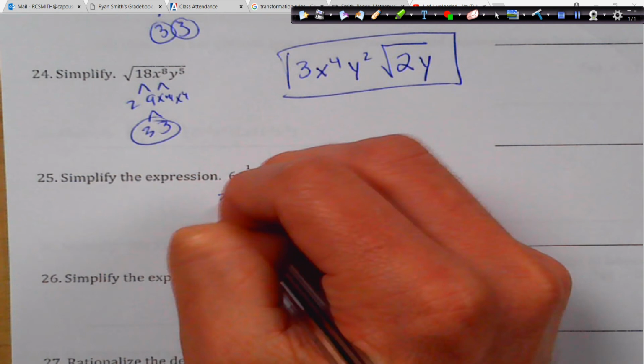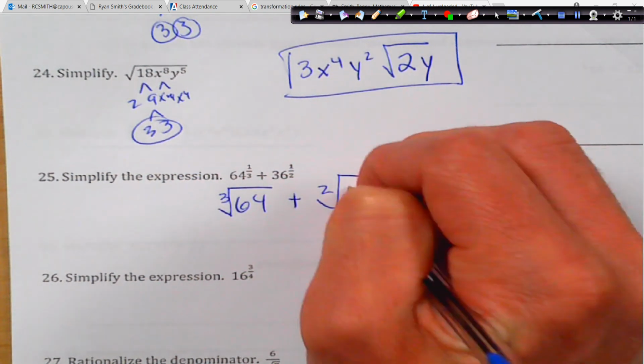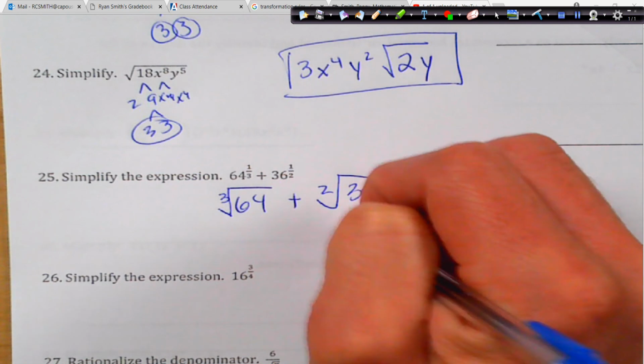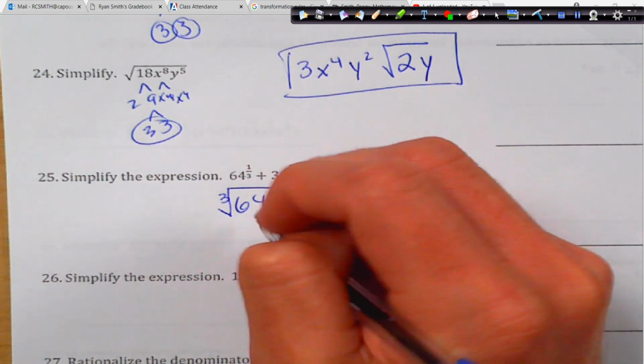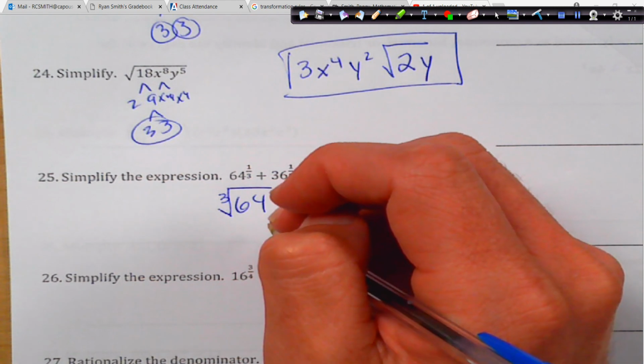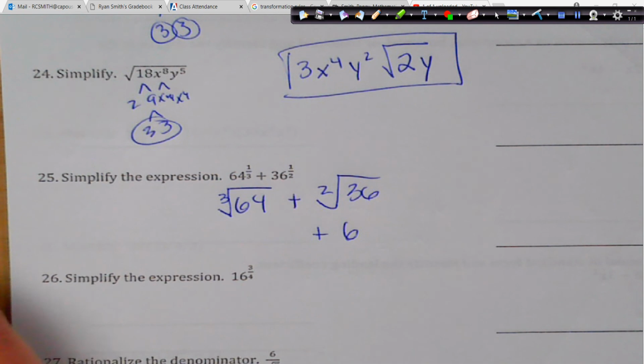This we could rewrite as the cube root of 64 plus the square root of 36. The square root of 36 is 6. And then the cube root of 64, well, it's 8 times 8, but then we can kind of break that even further down. But the cube root is going to be, one second.